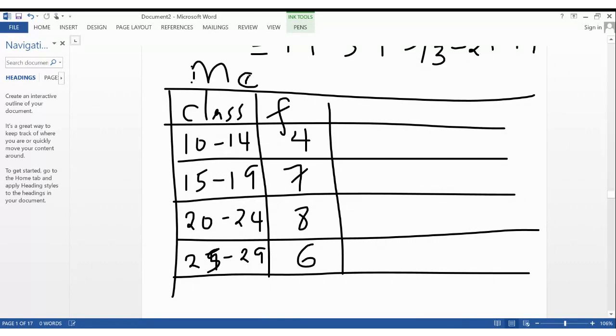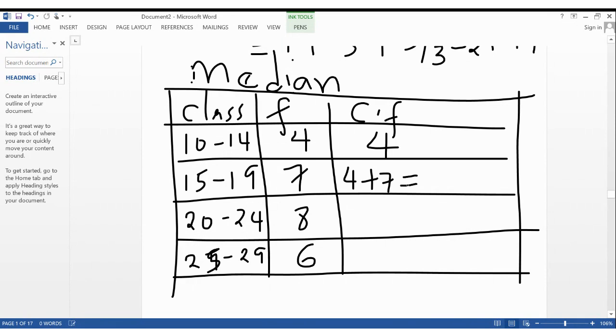For the median, we need the cumulative frequency. So how do you get the cumulative frequency? This one you just write as 4, the way it is. To get the next value, we add 4 plus 7 to get 11.